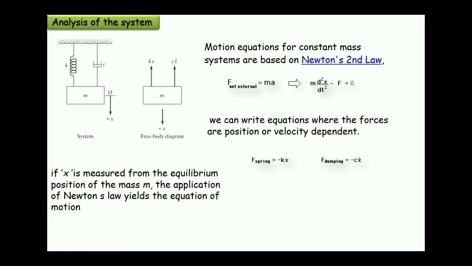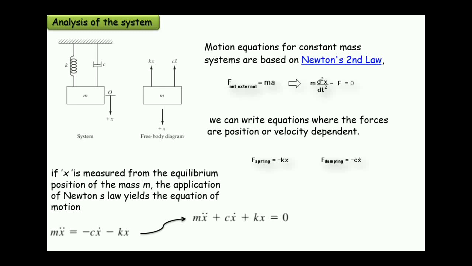So if x is measured from the equilibrium position of the mass m, and we apply Newton's second law to this particular system, we get the equation m x double dot is equal to minus c x dot minus kx.